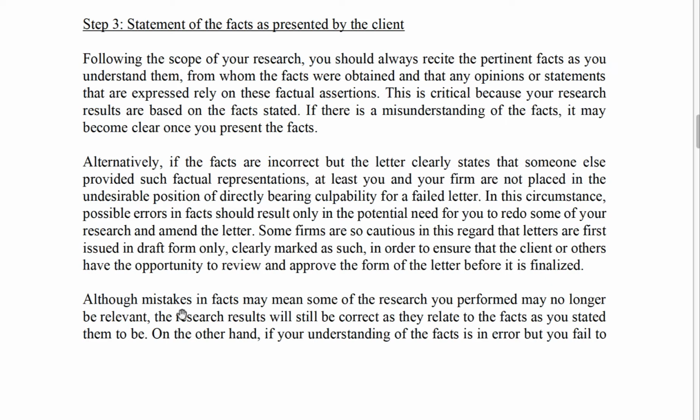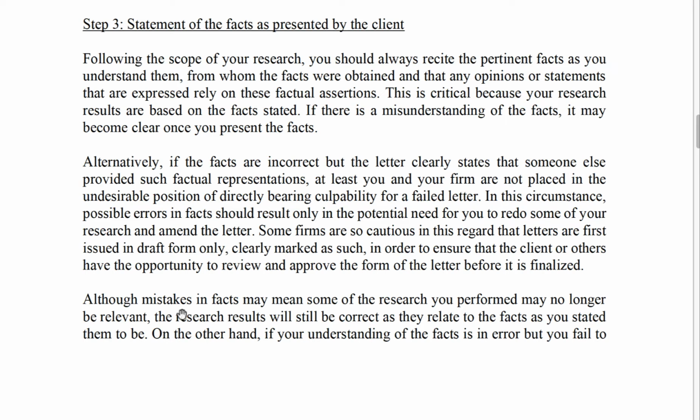So take those facts from your tax research memo, paste them into the client letter, and put a statement that says, our conclusions are based on an understanding that, and then state all the facts. And you also want to put a paragraph that basically says, before I jump into the results, I just want to go through the facts.